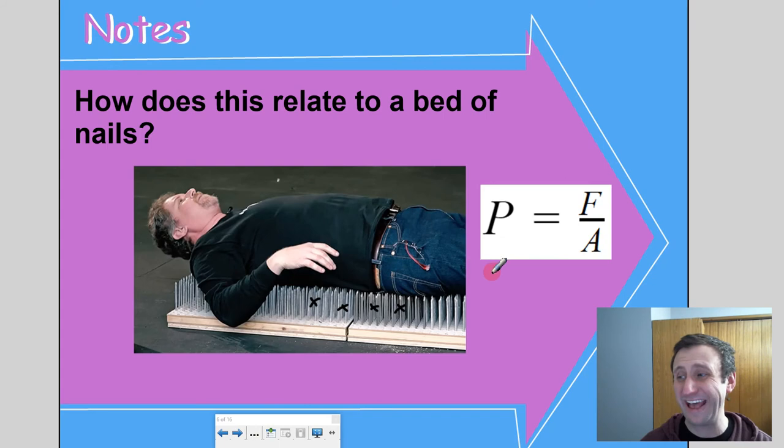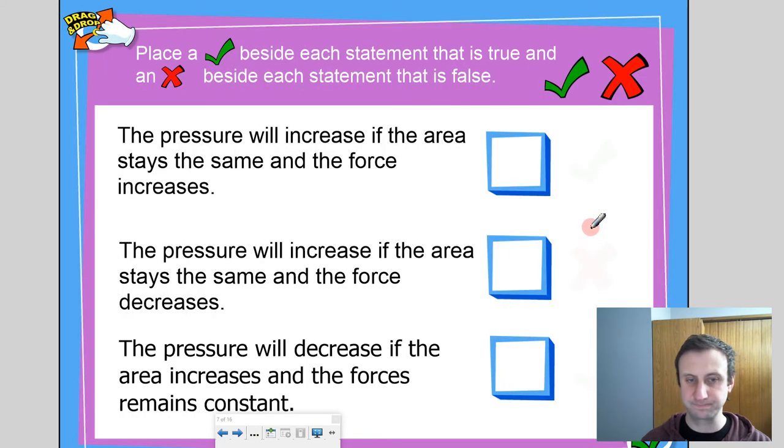So a bed of nails has to have a lot of nails. If it had just a few nails, then it would pierce the skin because the pressure would be so high between the nails and the person. Another way to think about it is that as you end up having fewer nails, there is more force on each individual nail.